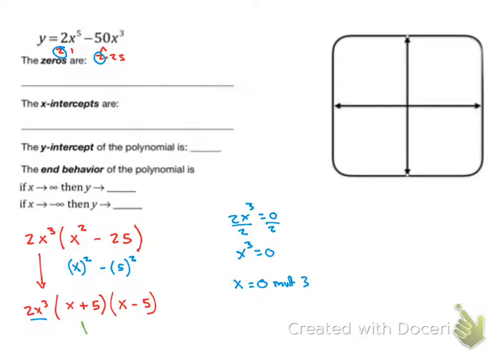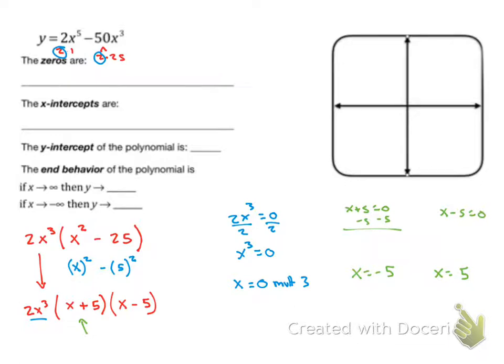Next, we set this parenthesis equal to 0. If x plus 5 equals 0, subtract 5, and we get that x equals negative 5. If we do the same for this parenthesis here, x minus 5 equals 0, we get that x equals a positive 5.